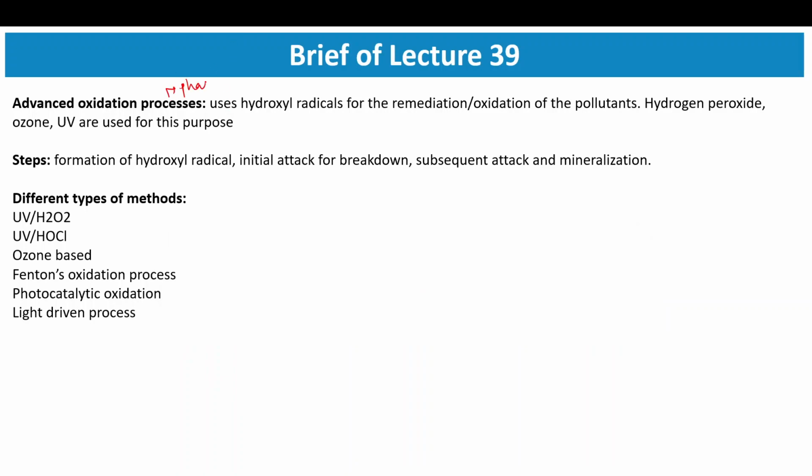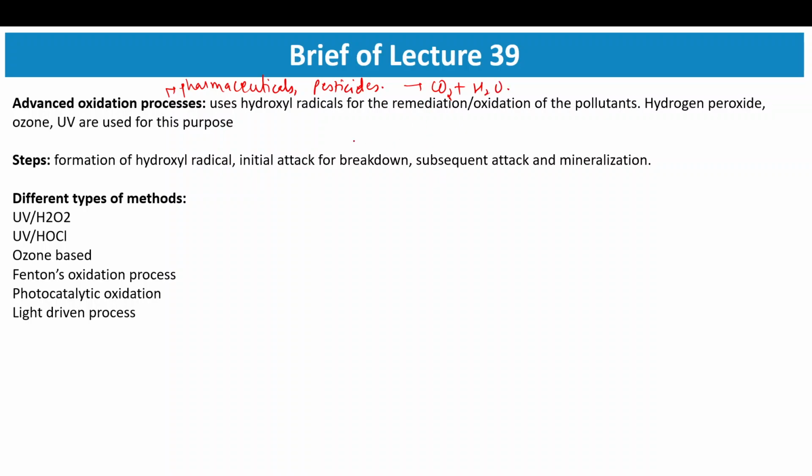Say, for example, pharmaceuticals and pesticides. These hard to degrade organic compounds, we need some extra strong oxidizing agent so that they will easily get oxidized into the final form, which is CO2 and H2O, right?